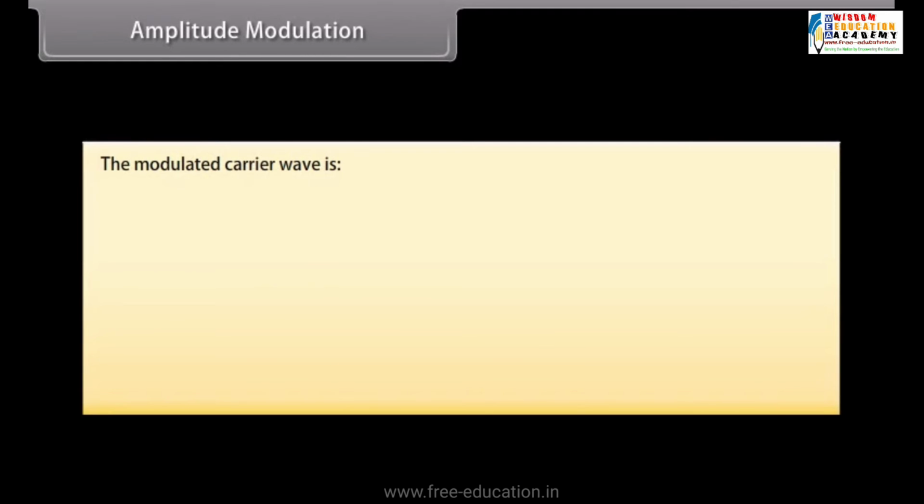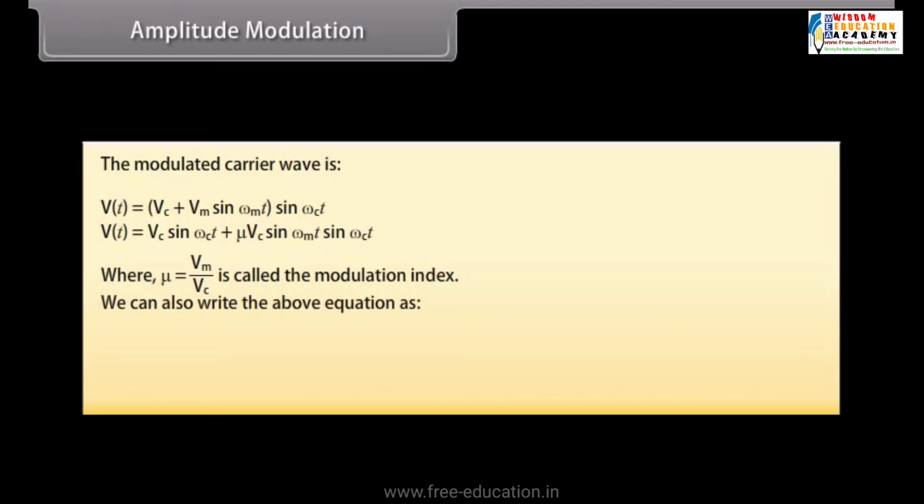The modulated carrier wave is given by v(t) = (Vc + Vm sin ωmt) sin ωct, which can be written as v(t) = Vc sin ωct + μ Vc sin ωmt sin ωct, where μ = Vm/Vc is called the modulation index.